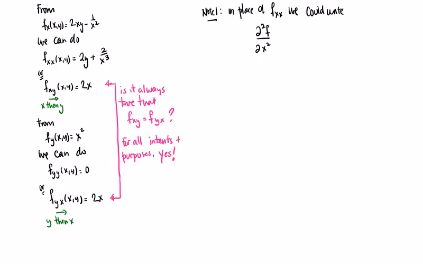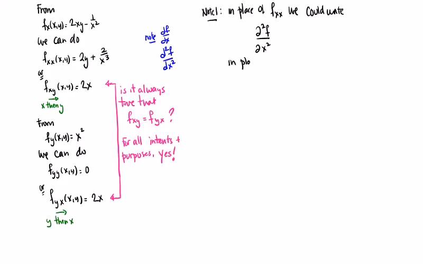Now, this may seem a bit weird, but this should remind you of Calc 1, little side note here. In Calc 1, we have partial f partial x, and for a second derivative, we have partial squared f partial x squared. So this is running parallel to that, right? It's basically the same, right?